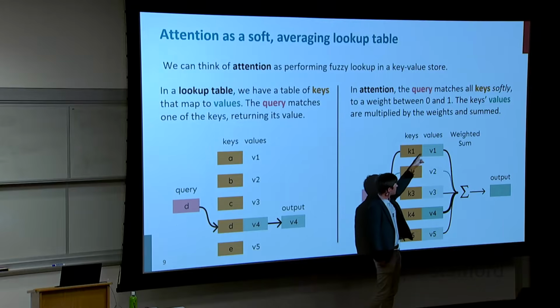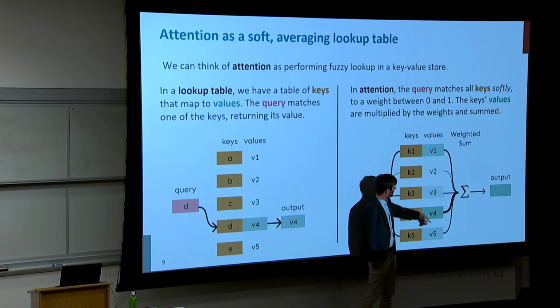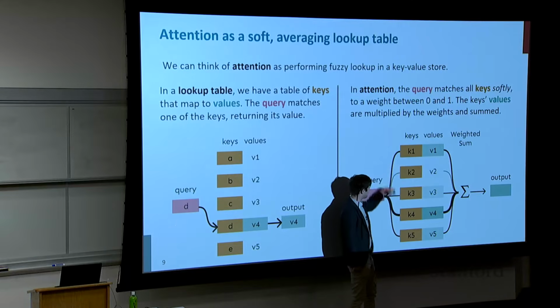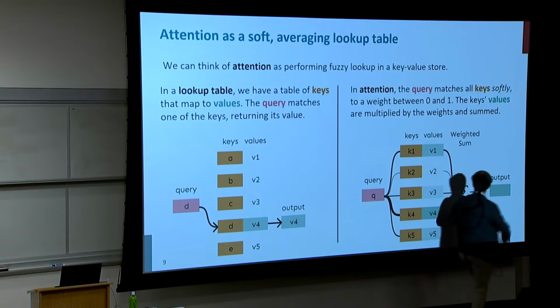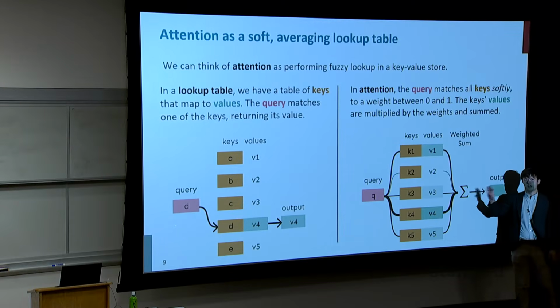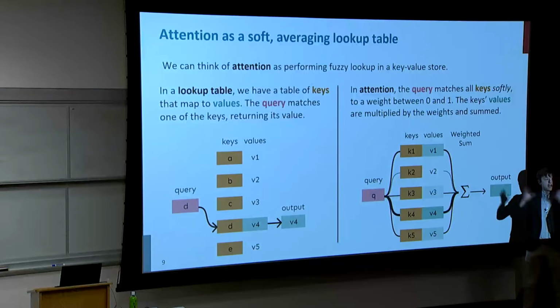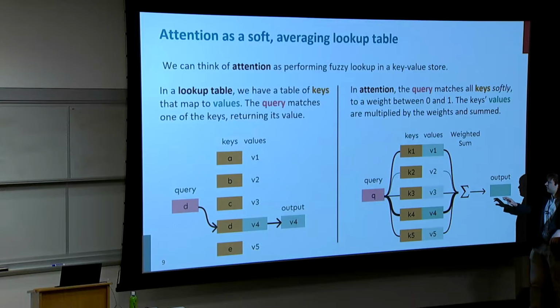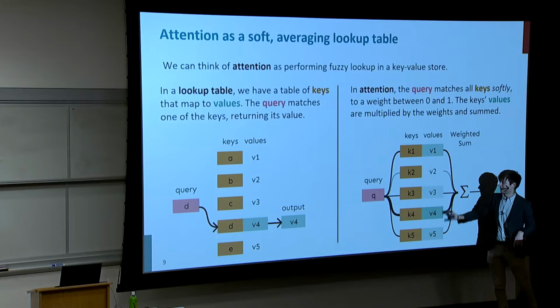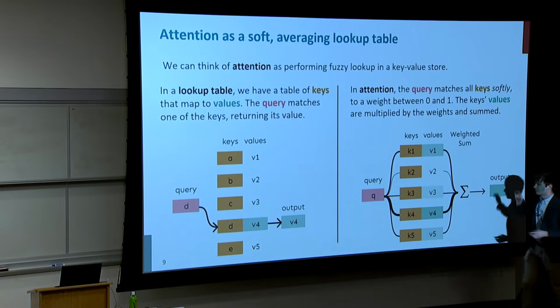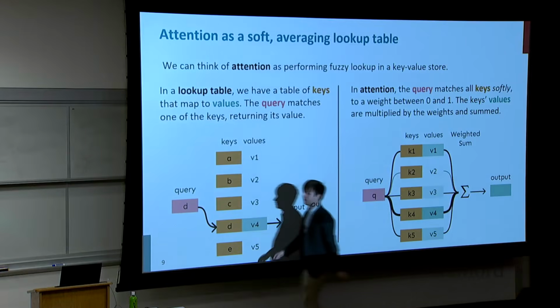And then you get the values out. You average them via the weights of the similarity between the query and the keys. You do a weighted sum with those weights, and you get an output. So it really is quite a bit like a lookup table, but in this soft, mushy vector space sense. I'm accessing the information that's stored in the key-value store, but I'm softly looking at all of the results.